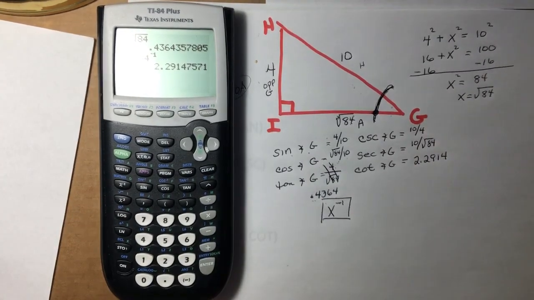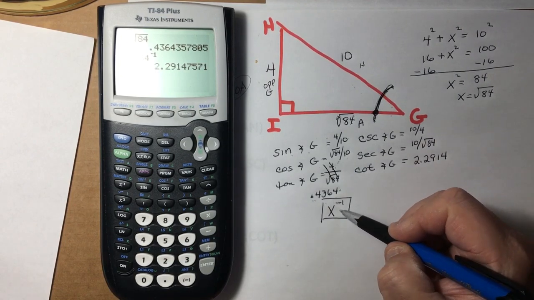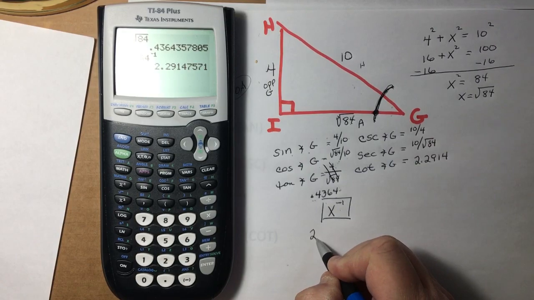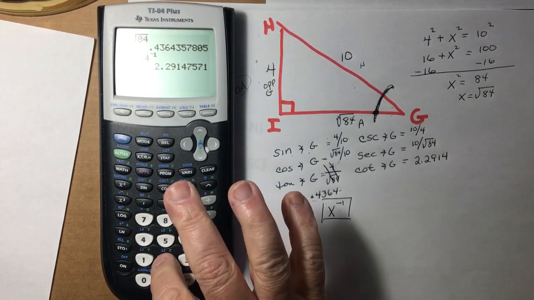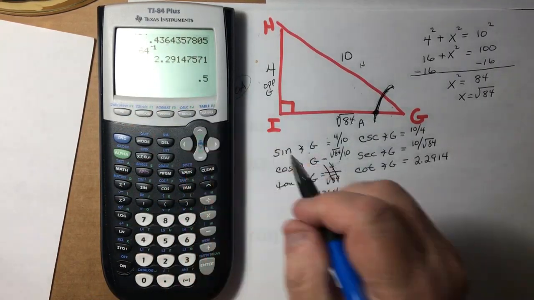Notice I use 4 decimal places. It's pretty standard to do that. So if you want to turn a number upside down on your calculator, just press the x minus 1 key. Like if you have the number 2 and you want to turn it upside down, 2, x minus 1 key, enter, 0.5.